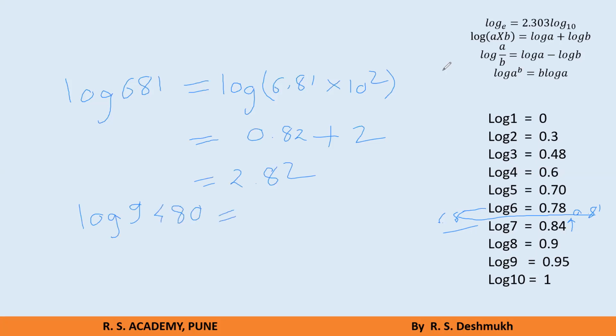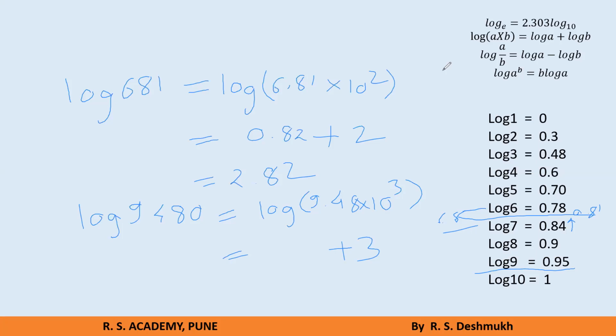9480, I take as an example, so it will become log of 9.48 into 10 raised to 3. So it will become 3 plus log of 9.48. The value is in between 9 and 10. So it is 9.5. So the value here should be between 0.95 and 1.